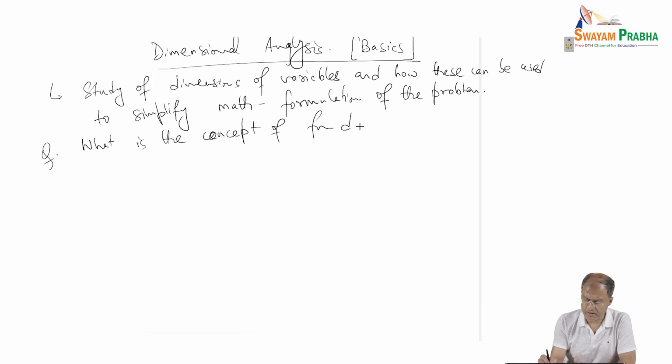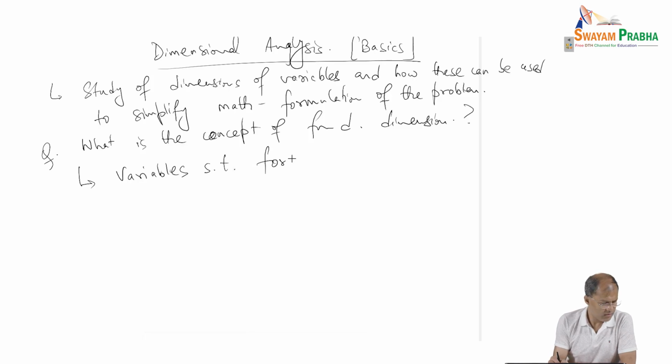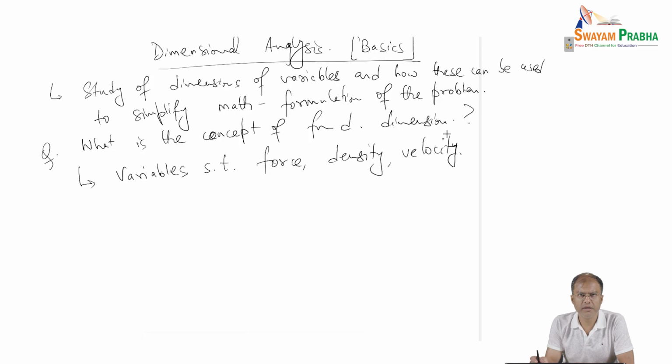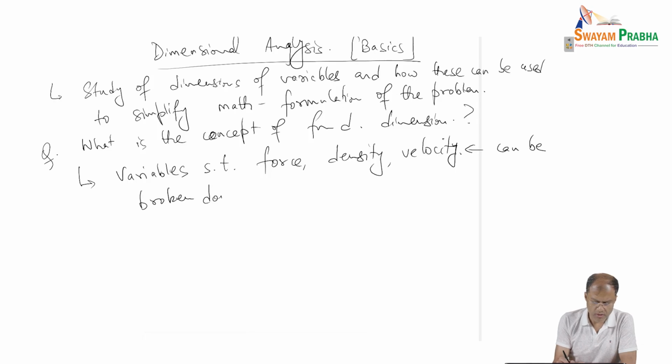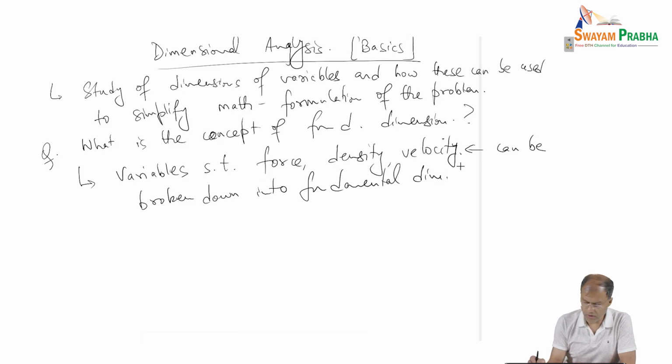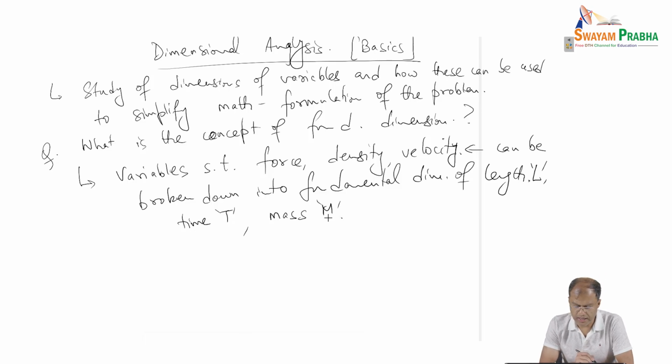We see that most of the variables such as force, density, velocity, etc., can all be broken down into fundamental dimensions of length L, time T, and mass M, right?